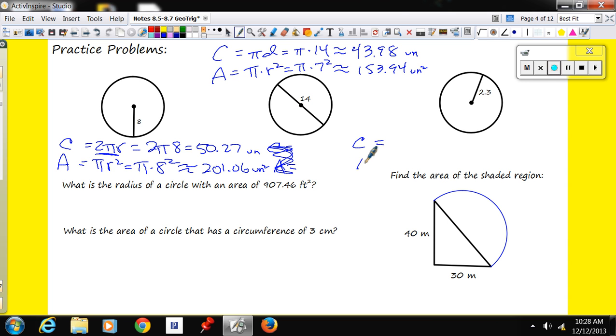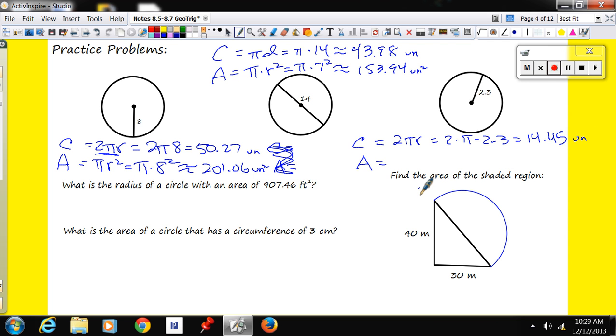Okay, circumference and area for the third one. Set up the circumference formula for me. What did they give me? Radius. So I'm going to use the same one I used before. I'm going to use 2 pi r, which is 2 times pi times 2.3. 2 times pi times 2.3, 14.45 units.